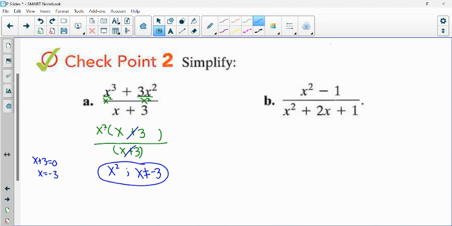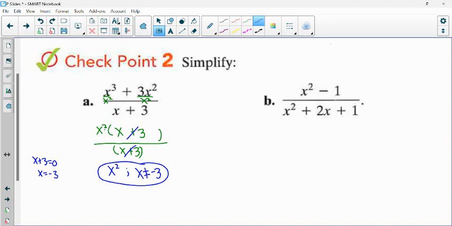So that's our full answer. We need the reduced fraction, which is x squared, plus the exclusion. Why would it not equal negative 3? Because negative 3 plus 3 equals 0, and 0 can't be in the denominator or else it's undefined.